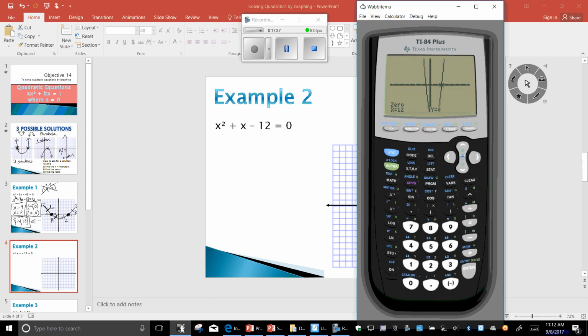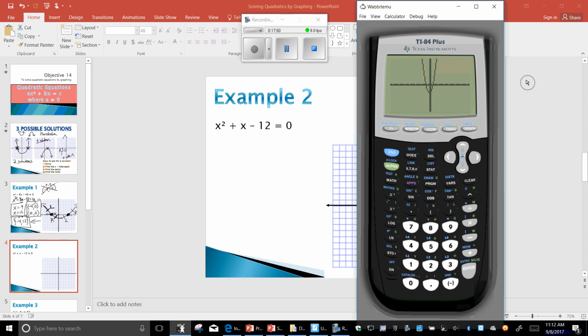Okay, so if I go to my calculator and I go to y equals, and I do have y equals. Do I have 0? Y is 0. So I've got y equals. So I'm going to put in x squared plus x minus 12. I'm going to hit graph.